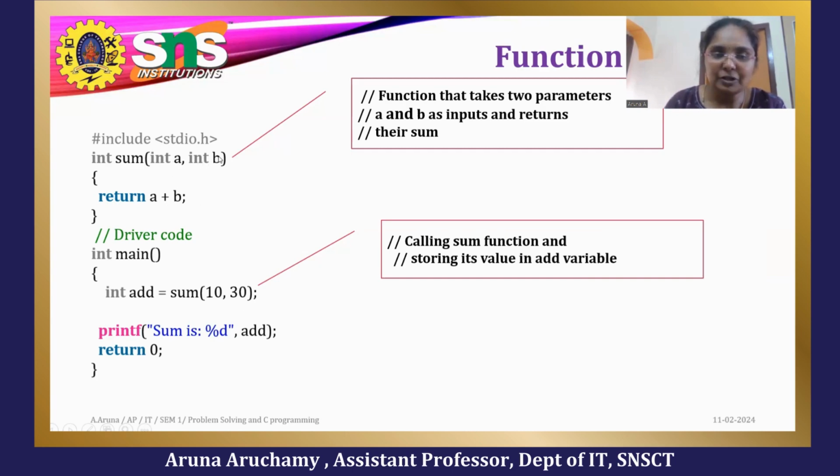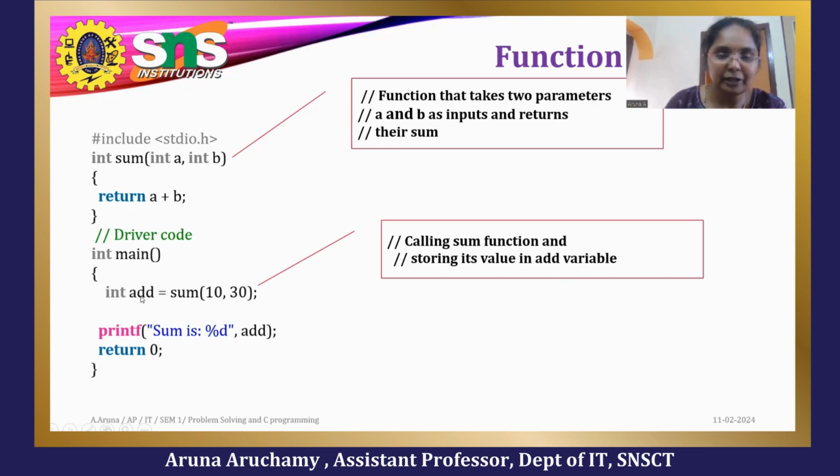So that particular value is assigned to the variables A and B. It enters into the body of the function, where it performs the addition operation. A has 10, B has 30, 10 plus 30 is 40. So this function returns the 40 value to the main function.